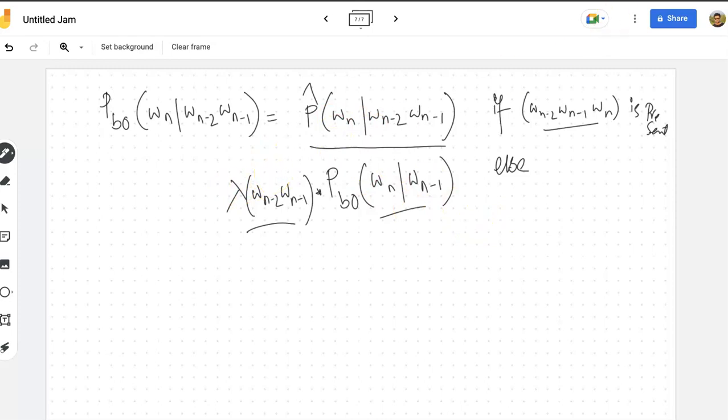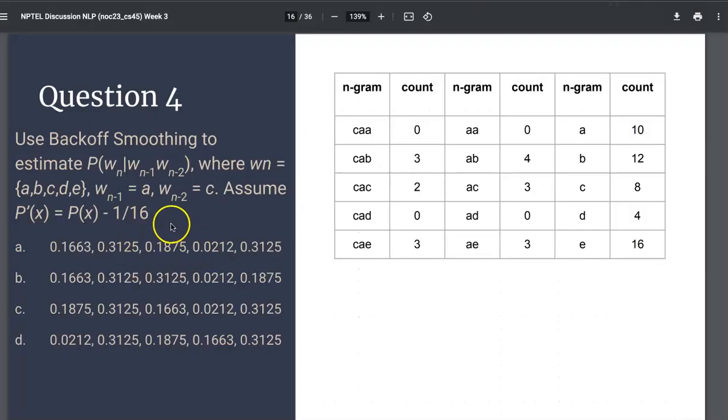Now let's go to the actual question. The same question is there. You need to find the probability of A, B, C, D, E, all given CA. Let's do it one by one.